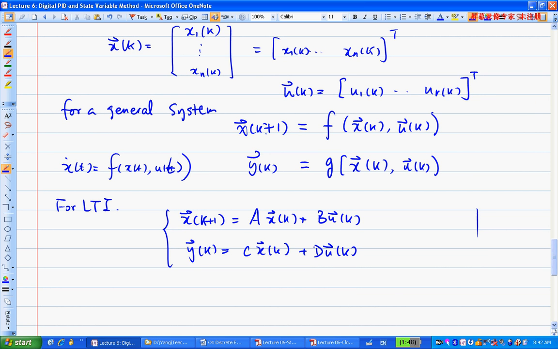For an LTI system, you can use this kind of format to describe it. This is what we call the state space equation. This essentially opens a door to analyzing a system using a different approach.